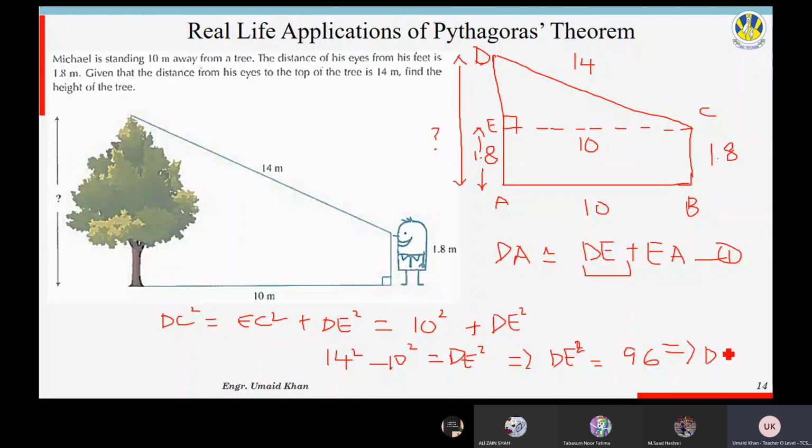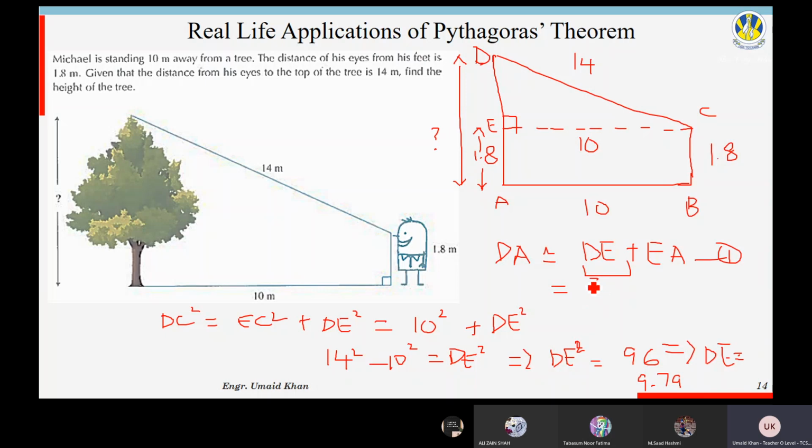So DE will be equal to, what is the square root of 96? It is 9.8, or you can write it as 9.79. So just put this value in the first equation.